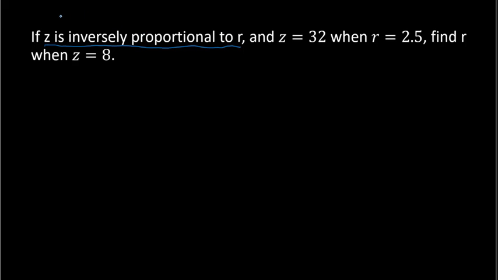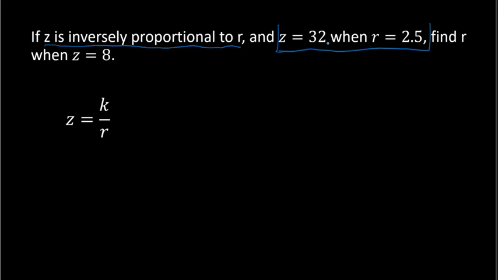The equation for this would be z equals k divided by this value r. So z equals k divided by r. Once I have that equation, I'm going to use this scenario 1 right here to calculate what is my constant. And then from there I can use that constant and this part where it says z is equal to 8. We can use those two things to find r.